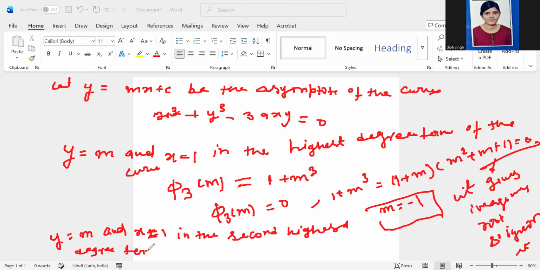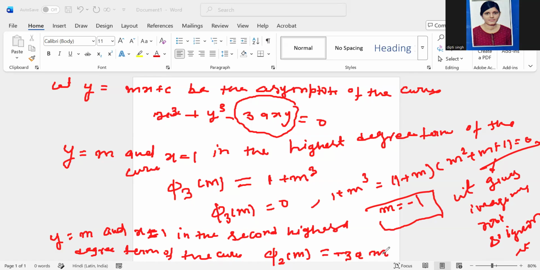So what do we get here? We have only this term, because here 1 is the degree of x and 1 is the degree of y, so the total degree for this term is 2. So we get phi 2 of m equal to minus 3a m.